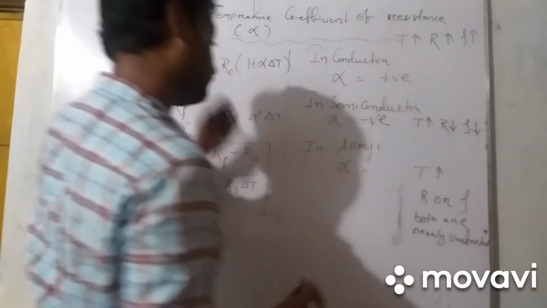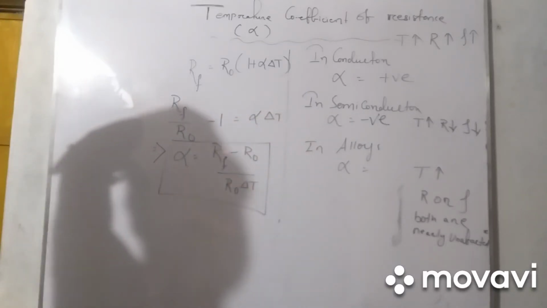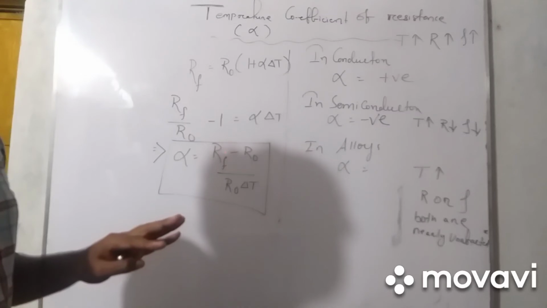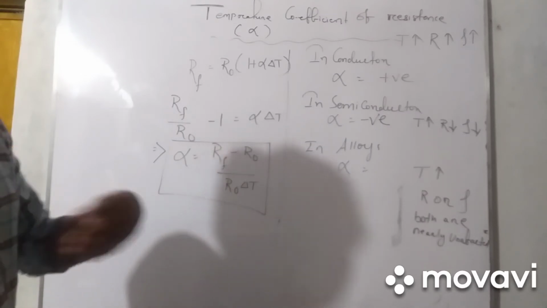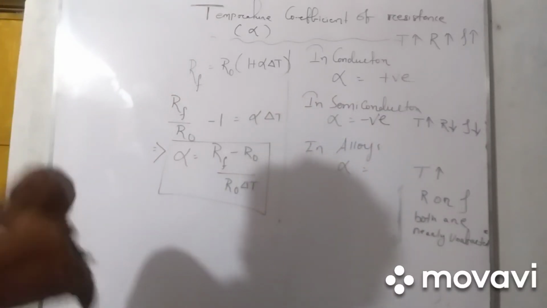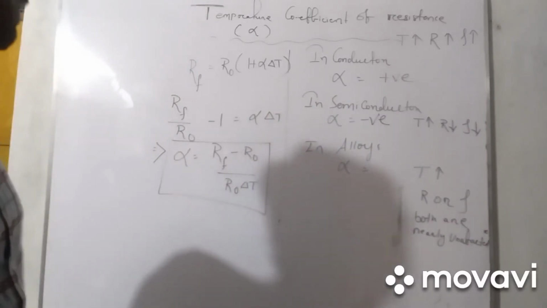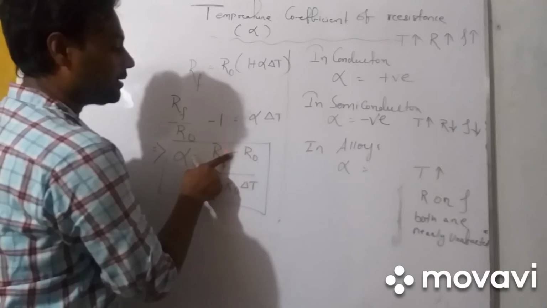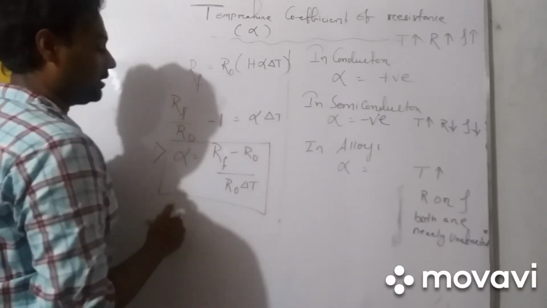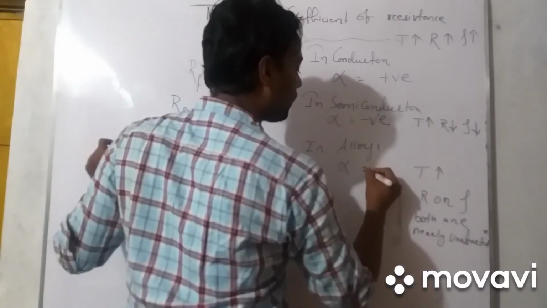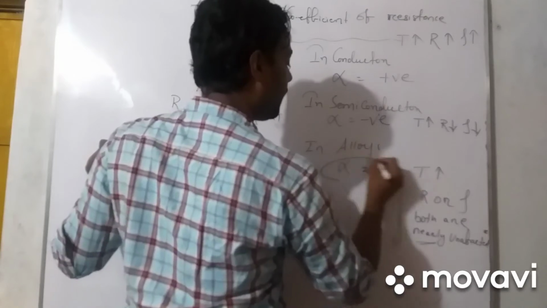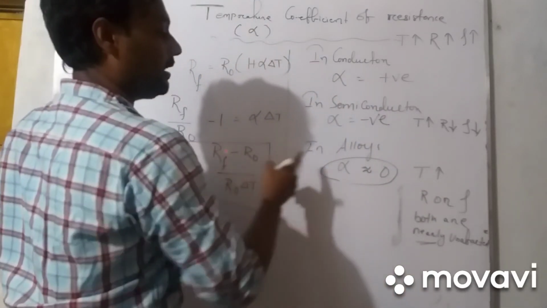That means while increasing the temperature, the resistance as well as resistivity does not vary or depend upon the temperature. That means Rf minus R0 are equal quantities, so the whole term becomes 0. So alpha is nearly equal to 0, because it is nearly unaffected. That means alpha becomes nearly 0 in alloy.